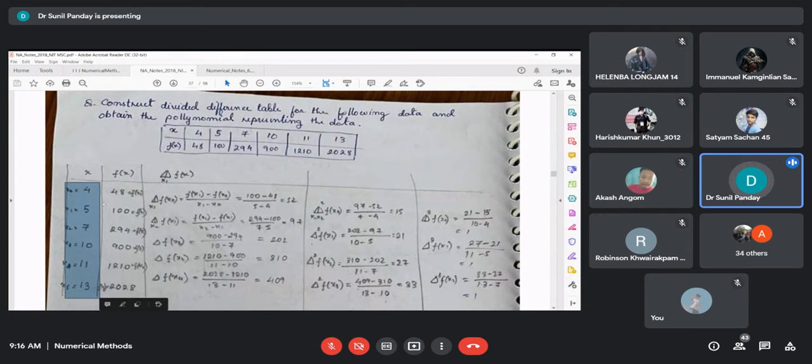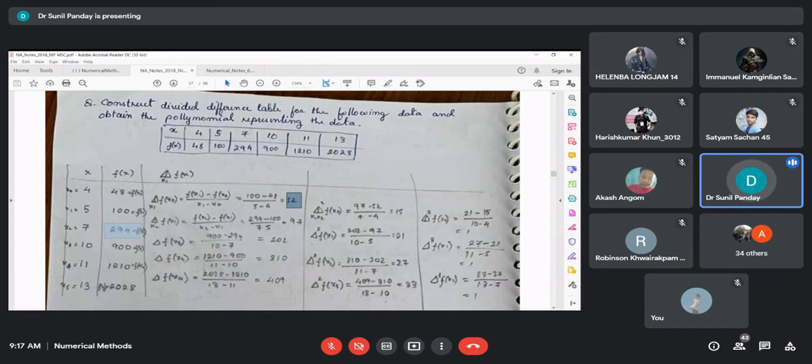In the divided difference table, between these two values, x0 and x1, you know the formula is f of x1 minus f of x0 divided by x1 minus x0. So what is f of x1? 100 minus 48, divided by 5 minus 4. Finally, this is your answer, 52.